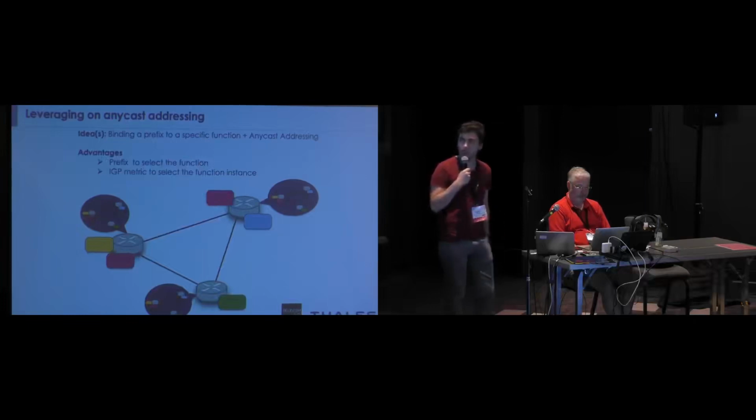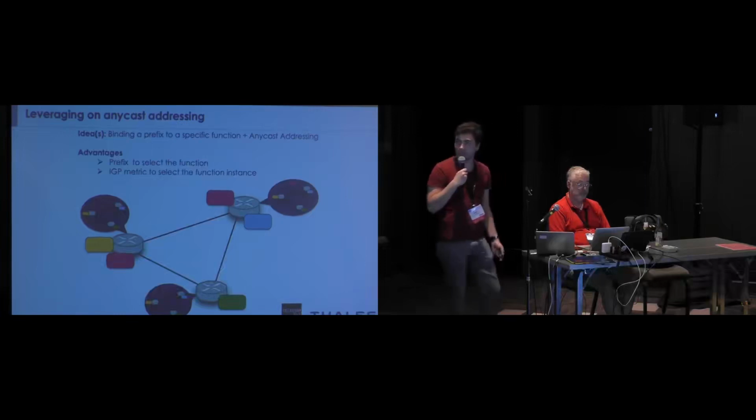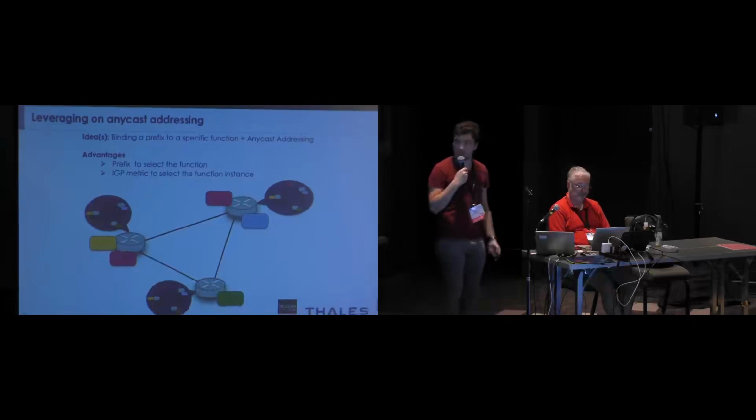As a consequence, you have a logical network view, which is this one where you have, for instance, the pink node, which represents a firewall, and the two instances on the two routers will be different based on some metric related to the instance.